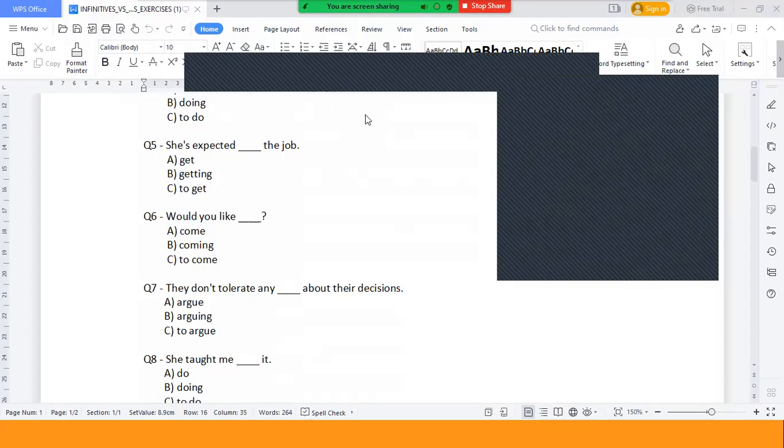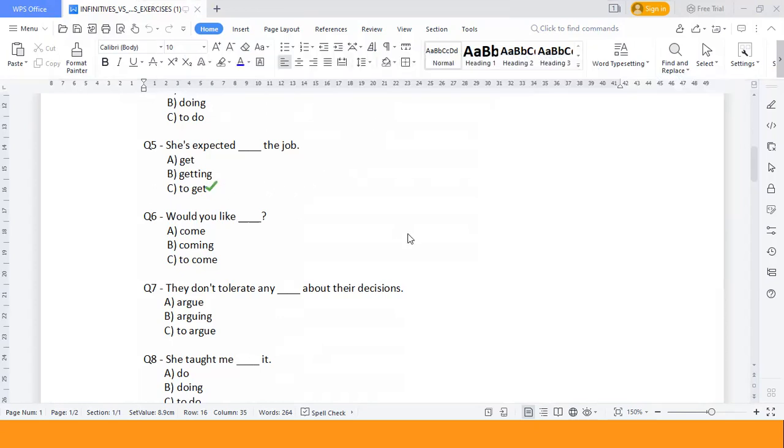No, I'm afraid it's not correct. Does anybody have a different answer? She is expected to get. Exactly. After expect, it is the same as the verb to ask, the same as the verb to want. They are always followed by to. Okay?